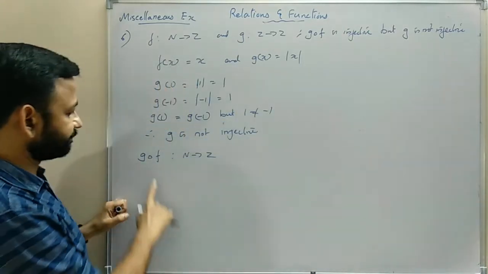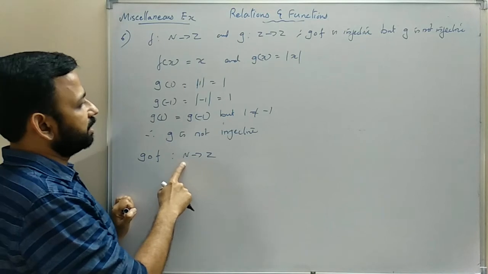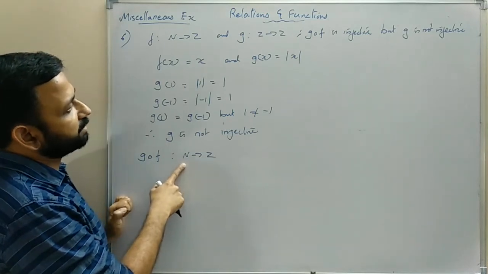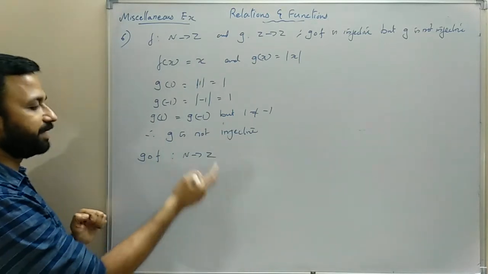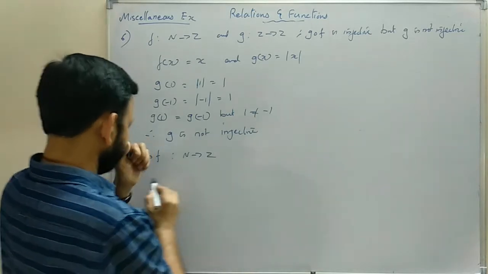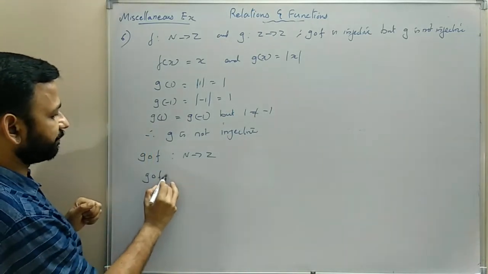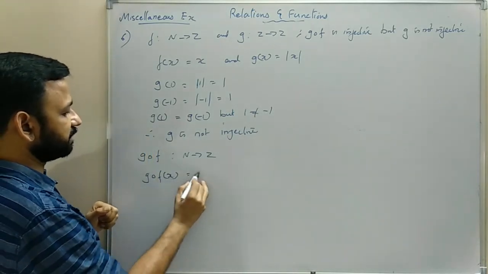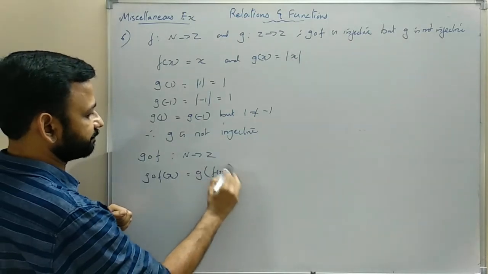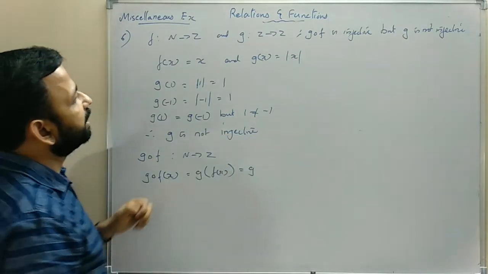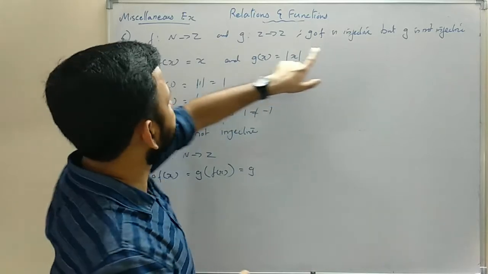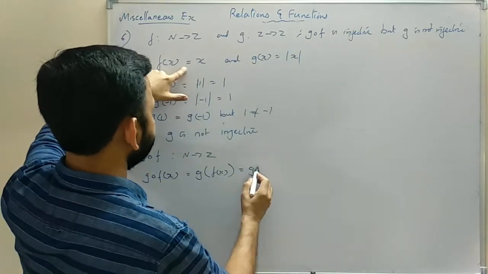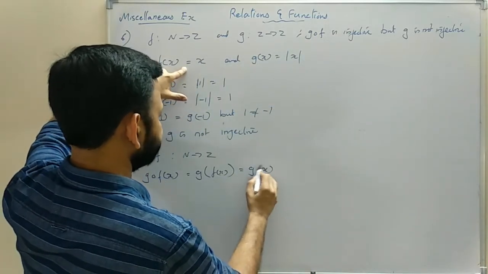So here g composition f is a function from N to Z. Then g composition f of x is equal to g of f of x. F of x is given, f of x is equal to x.